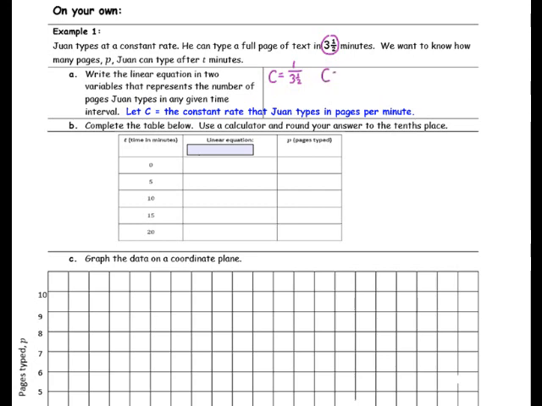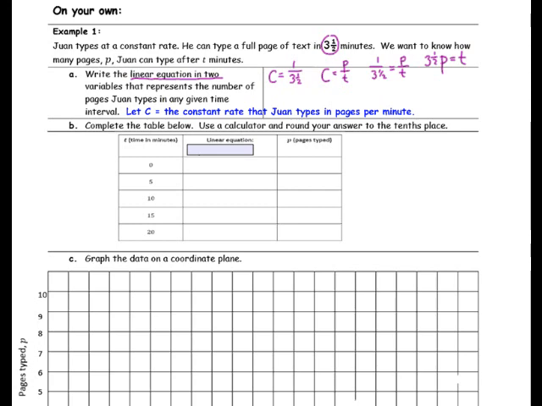Then we also know that C is equal to the number of pages typed in the time interval of T. Therefore, our proportion will be 1 over 3.5 is equal to the number of pages typed over the time interval. Next, write your linear equation in two variables using your cross product. That gives us 3.5 times p is equal to 1t, or just t.